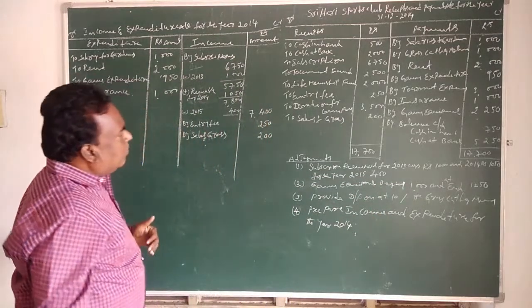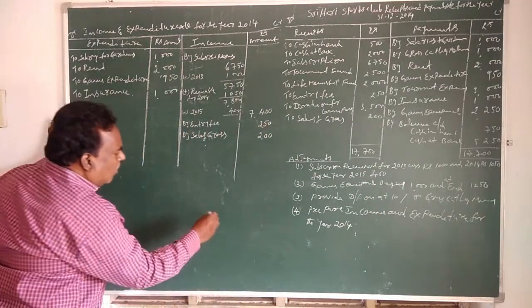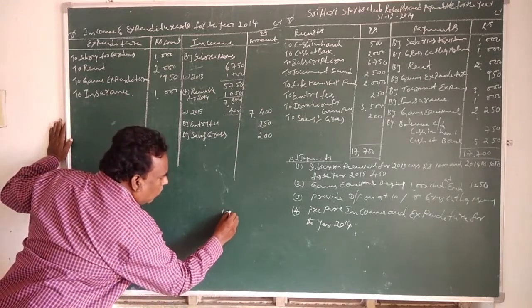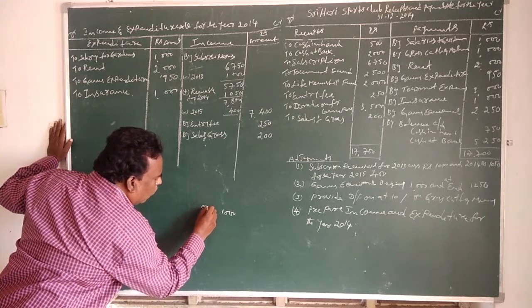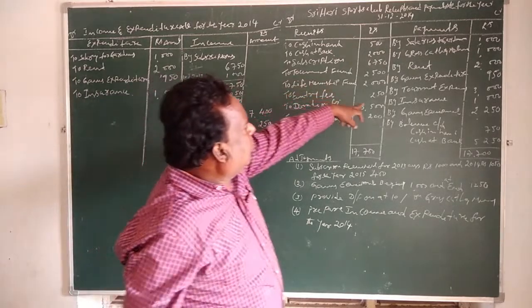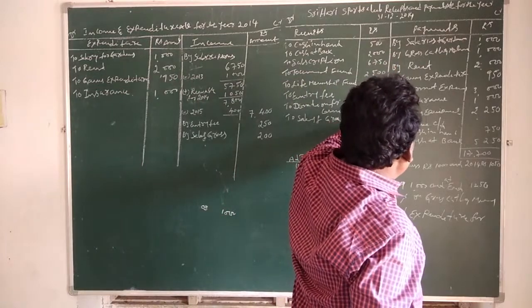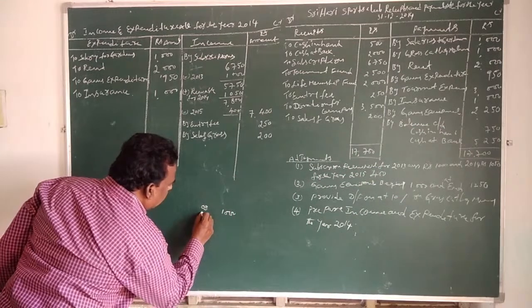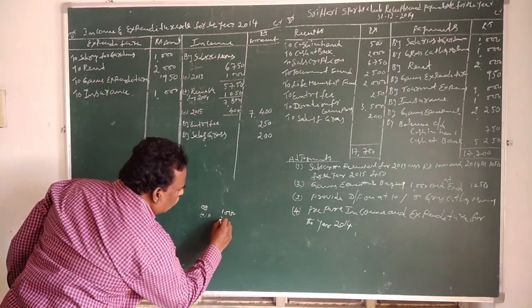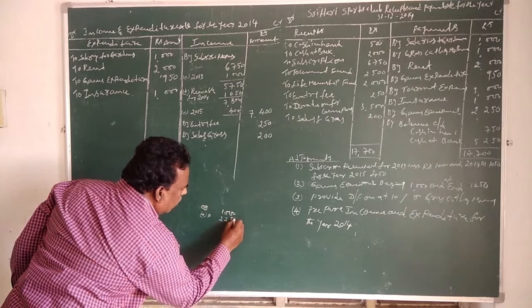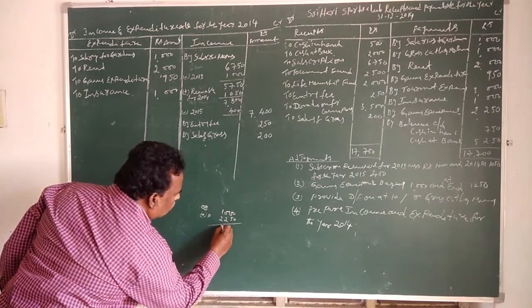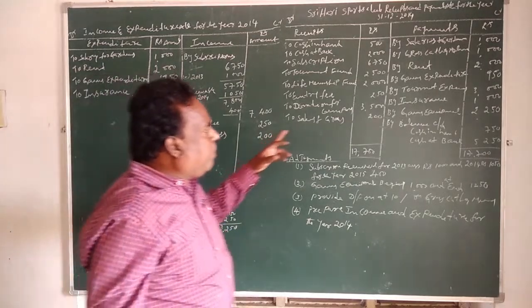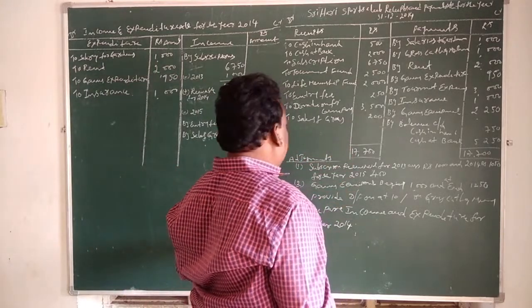The opening balance of sports equipment is 1000, plus purchases 2,250, so the total value of games equipment is 3,250.